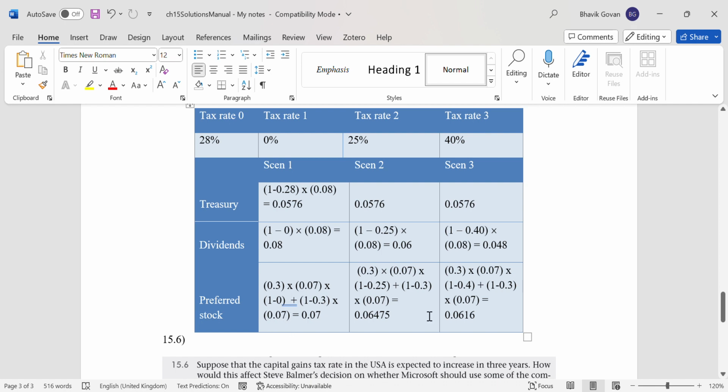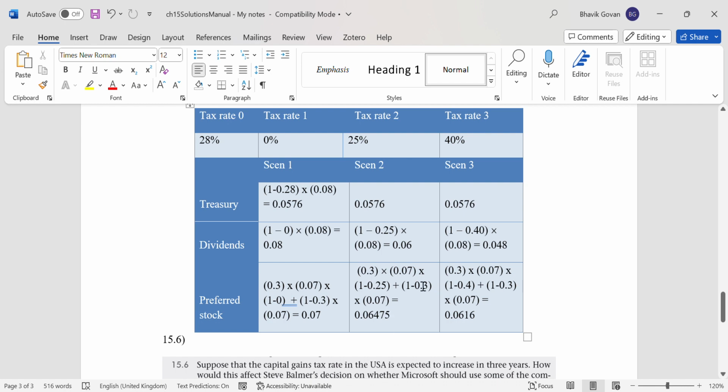Okay, so we'll do the same for tax rate 2. 30% times 7% is taxed at 25%, so you'll say 30% times 7% times 1 minus 25%, plus 1 minus 30% times 7%. The second part is the amount which isn't taxed.